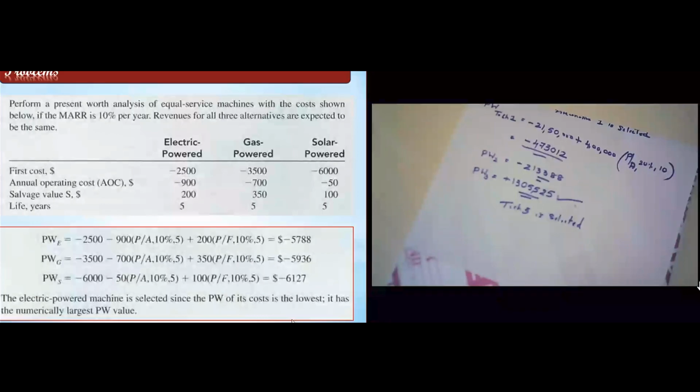In some cases they will simply write one equation and, without solving anything, arrive at a final conclusion. That answer may be correct, that alternative one is selected, but how they got that answer, they will not write. In that case we will be directly reducing the marks for that.